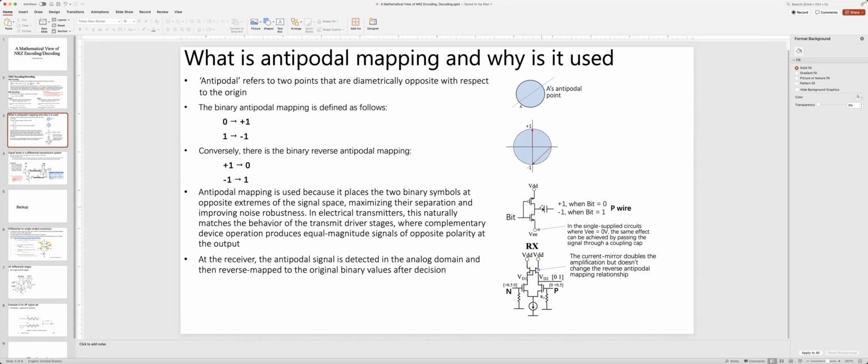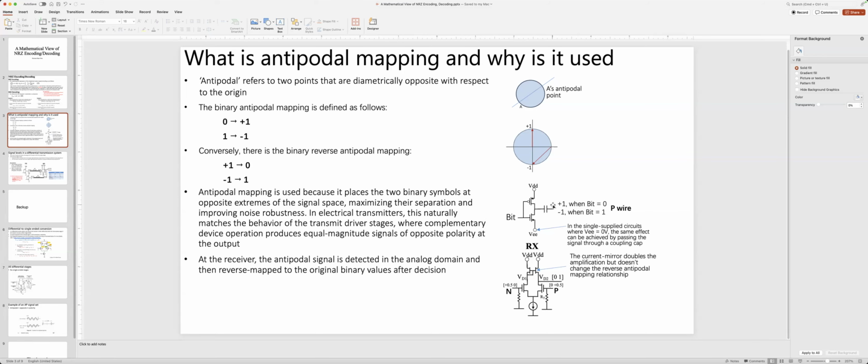In that case, you might ask, does that violate this antipodal mapping? Actually not. If you put a capacitor here, after the capacitor you will see the swing will be plus or minus some voltage. If this is a 1 volt supply, that will be plus or minus half volt with respect to the common mode voltage, right?